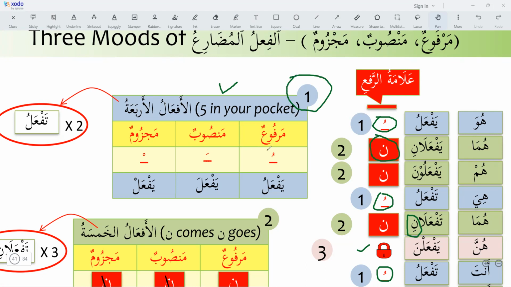When they are marfu, they take the dhamma. When they are mansub, they take fatha. And when they are majzoom, they take jazm, sukoon. Yaf'alu, yaf'ala, yaf'al. This pattern we call five in pocket, or af'alul arba'a. There are five verbs on this pattern. So this color will indicate them.